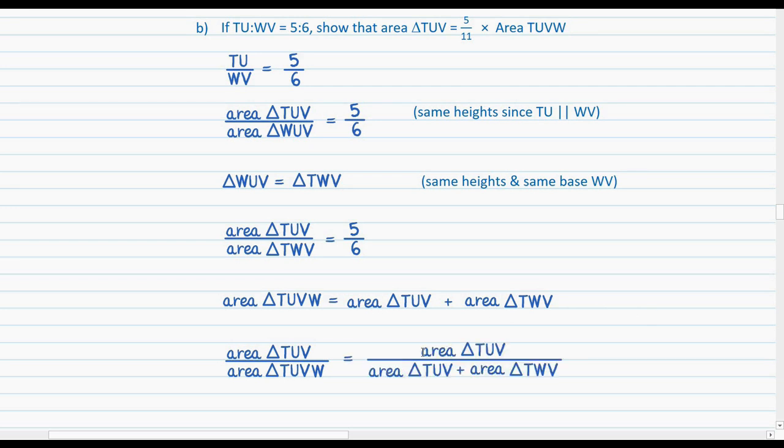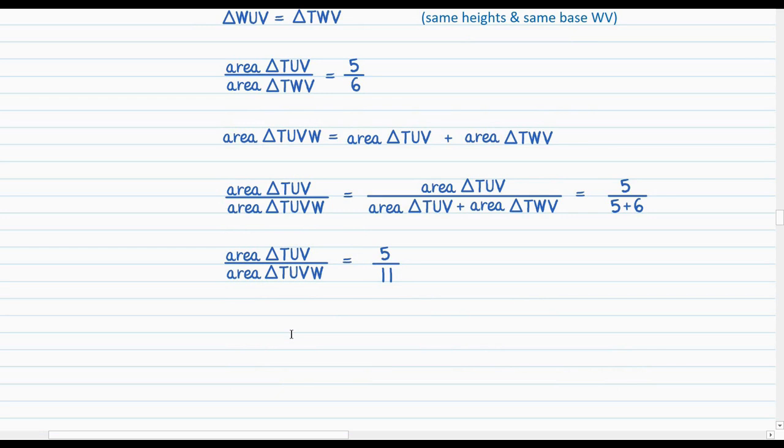And since we have numbers already for area TUV and area TWV from over here, meaning 5 and 6, you can substitute these here into this fraction to give 5/5 plus 6. Therefore, area of TUV over area of TUVW is equal to 5/11.